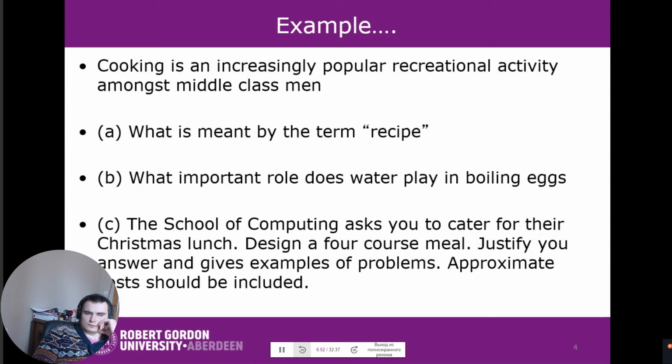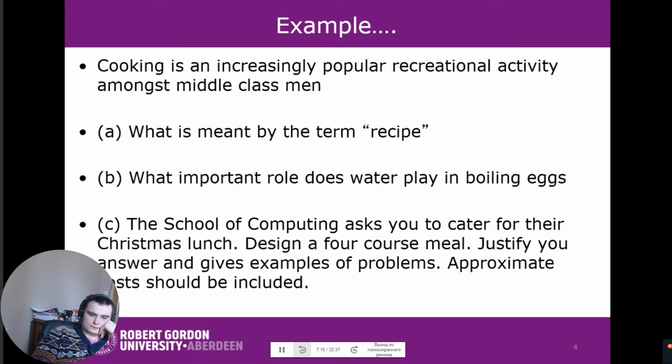Okay? Now this would be for, let's say, 15 marks, and in this case there is no correct answer. So it depends on how well you design the 4-course meal. This allows you to be creative. This allows you to do something slightly different.